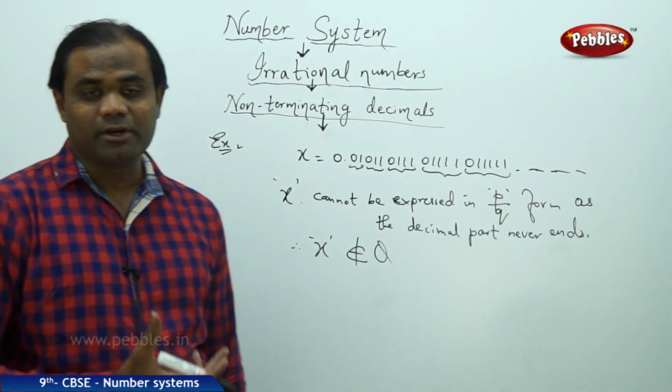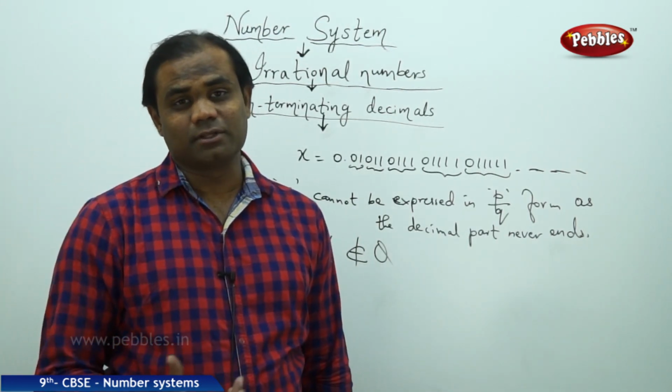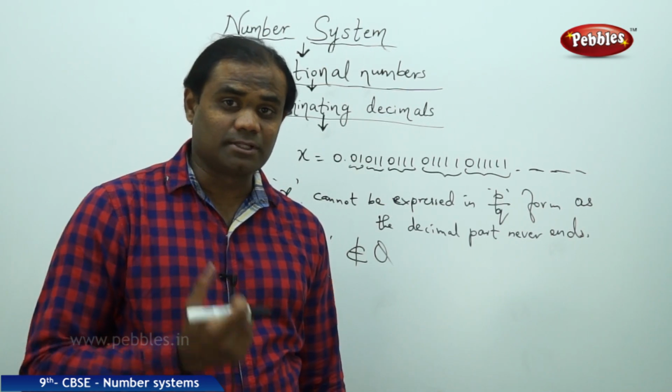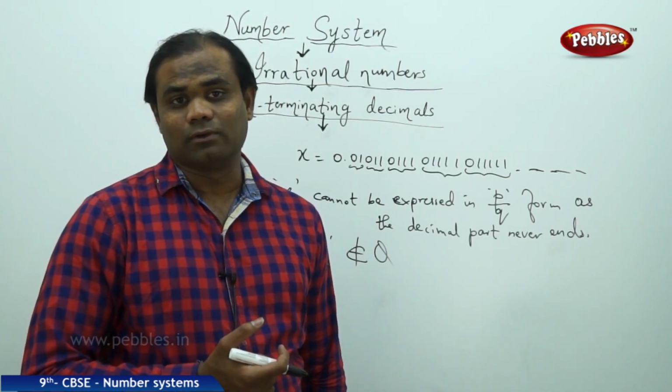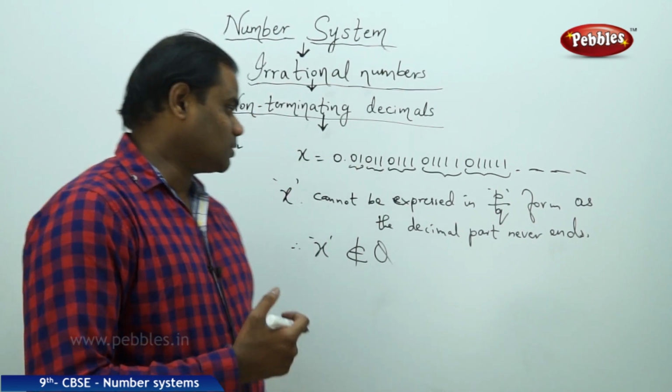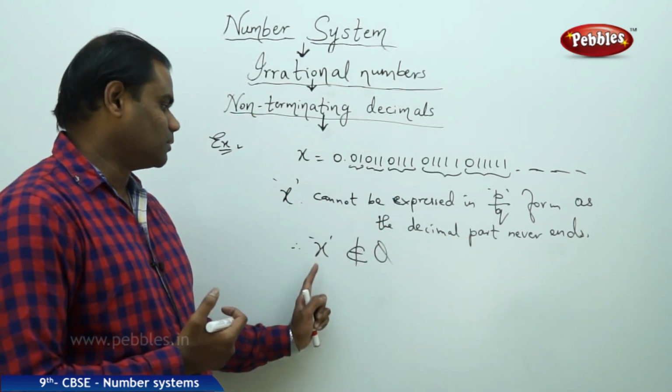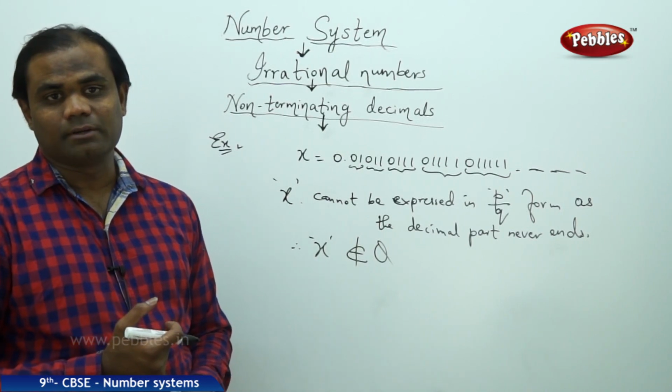In order that it should be a rational number, the first essential thing is that it should be expressed in the form P by Q, with test 1 and test 2 being followed. But because it cannot be expressed in P by Q form, X cannot be a rational number.